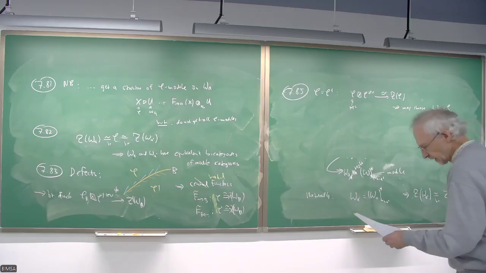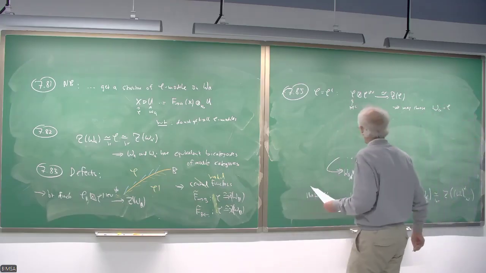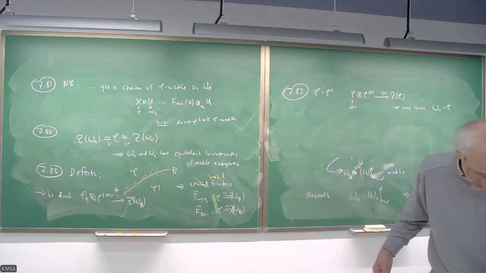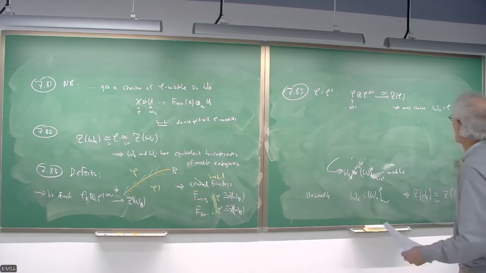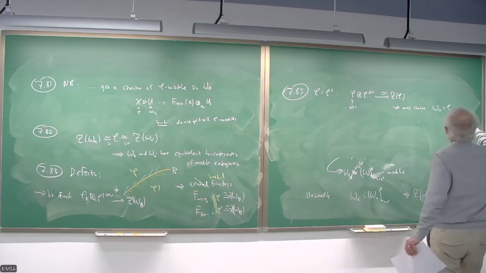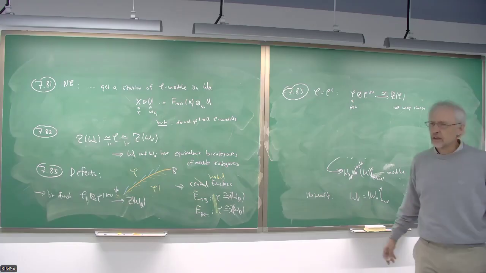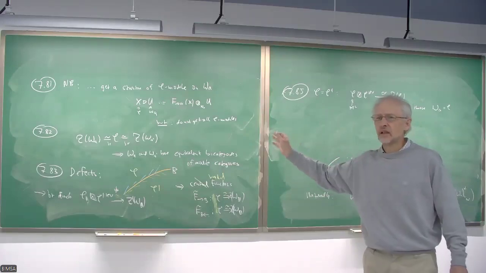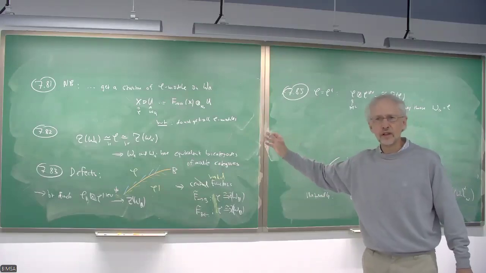So this particular defect is not so surprising, because for C itself, I can of course choose it by simply saying that my defect surface is invisible.